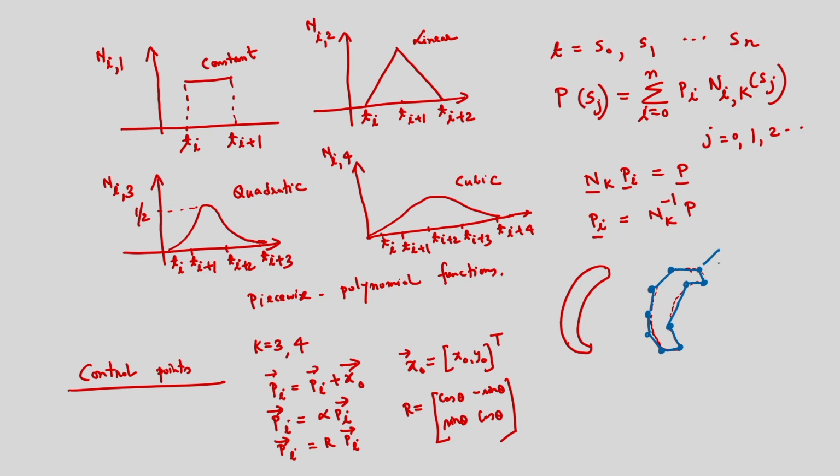This smoothness I can adjust by considering the order of the B-spline. If I consider a high order B-spline, the smoothness will be more. So for representing a particular boundary, what information do I need to store in the memory? The information I need to store in the memory is the order of the B-spline and the control points.